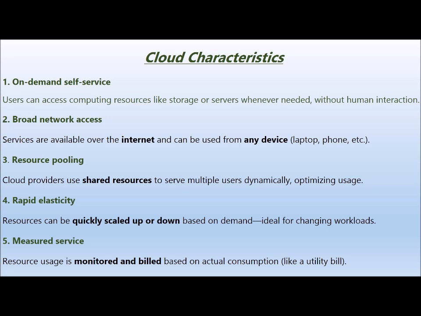And rapid elasticity, resources can be quickly scaled up or down. So elasticity means we can add or remove resources based on your workload. And the last one is measured service. Resource usage is monitored and billed. That's what we said, like pay as you go. How much you are using, that much will be billed and we pay.